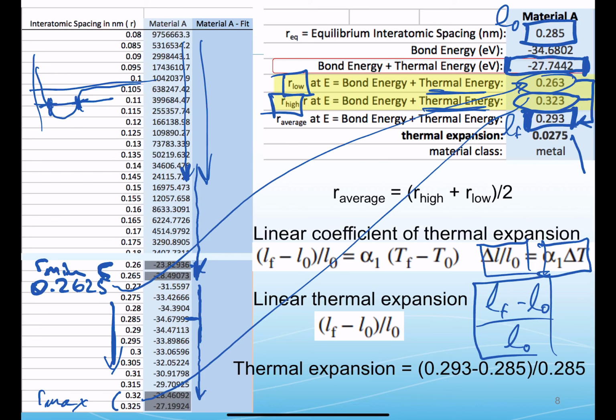So we can calculate this value. Okay, and so that's what we have shown here. And so that's the last entry down below.